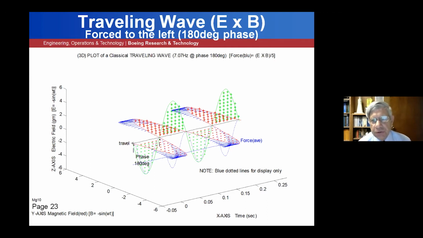You can see all the force arrows are pointing to the left, and then you look at the little dotted sinusoid. It is now pushed negative, so it generates a negative force. And here again, the force pulses are twice the frequency of the fundamental that generates it.